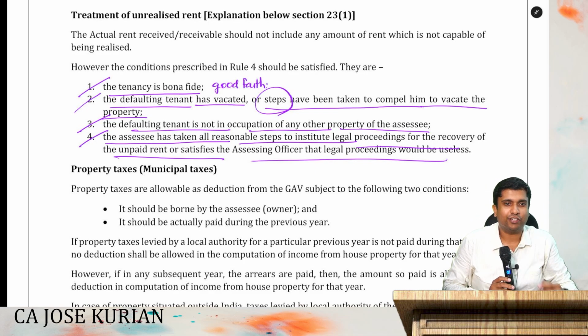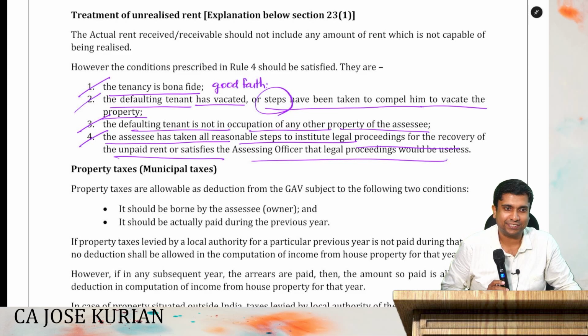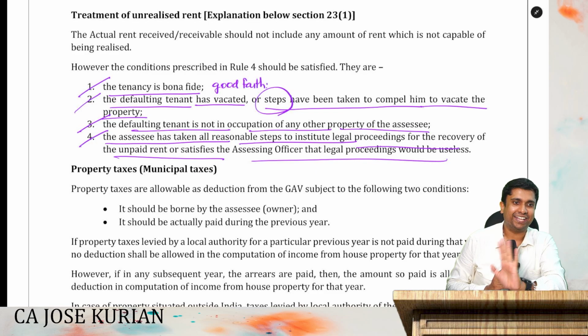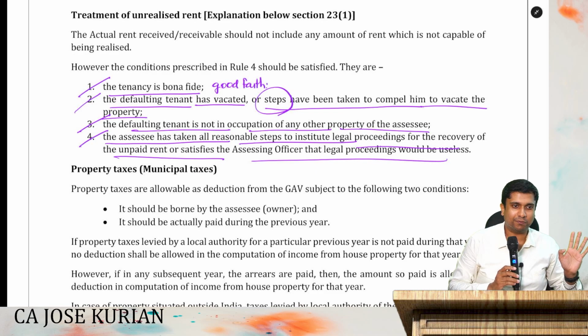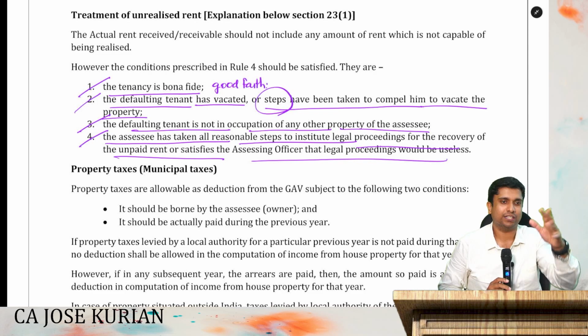Now, you are about to file another case, saying I have some unrealized rent, you should take action against this particular person. Then what will the court say? Arey yaar, this is the maximum punishment that I can give. I cannot give any further punishment. Yes or no? So you should convey to the assessing officer that legal proceedings is useless.